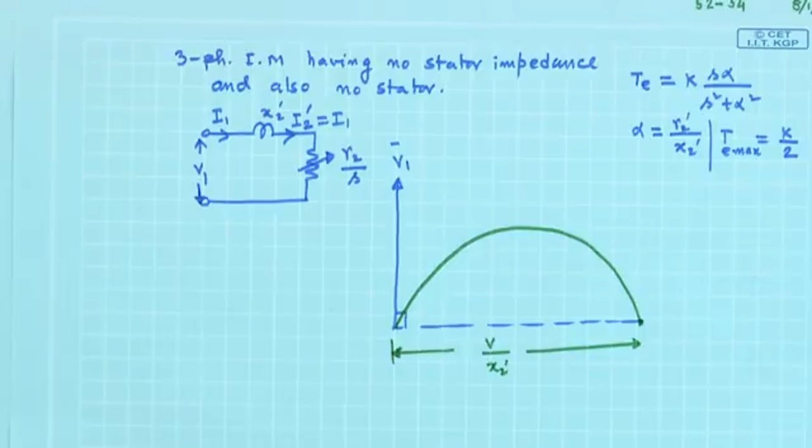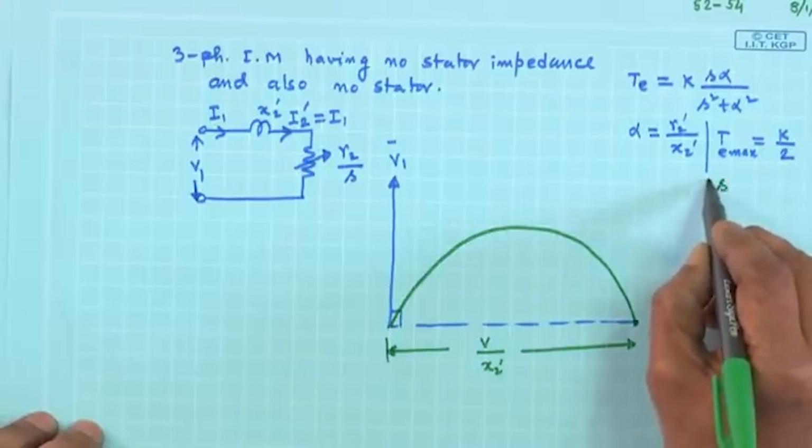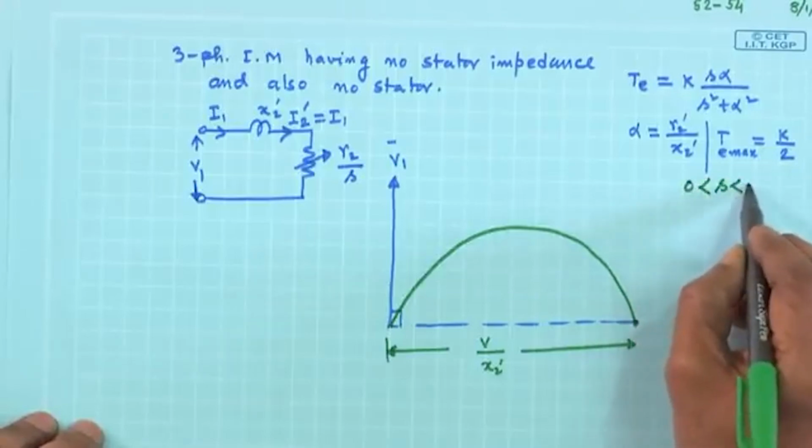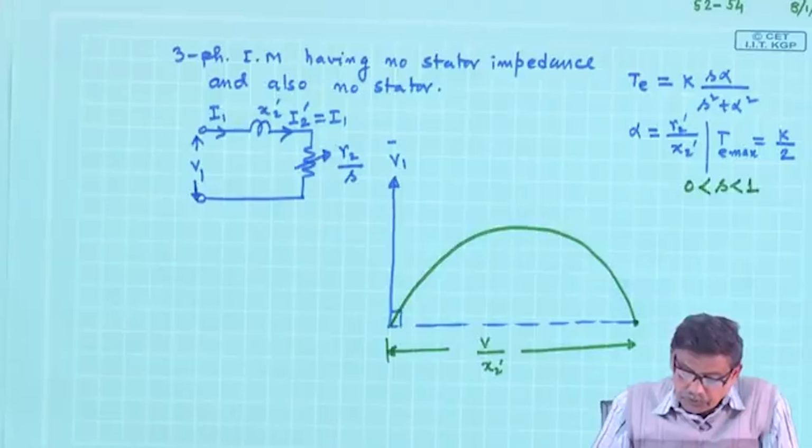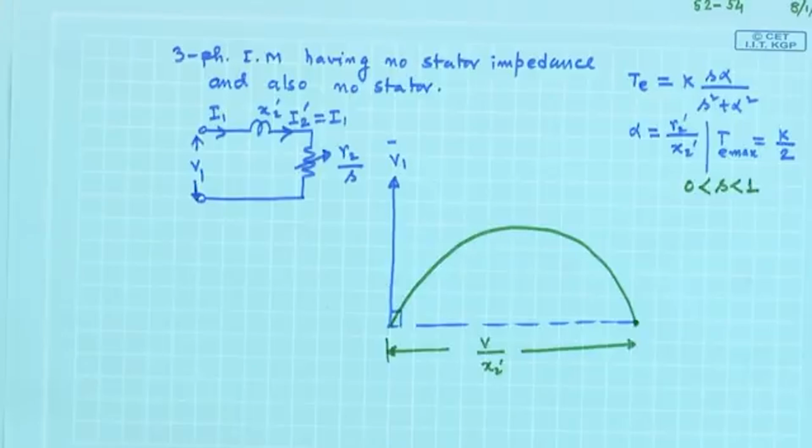Now, we have seen that for motor operation, the range of S is between 0 to 1. Therefore, S equal to 1 corresponds to the starting condition, the standstill condition.